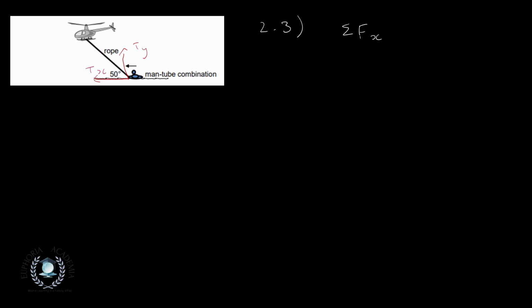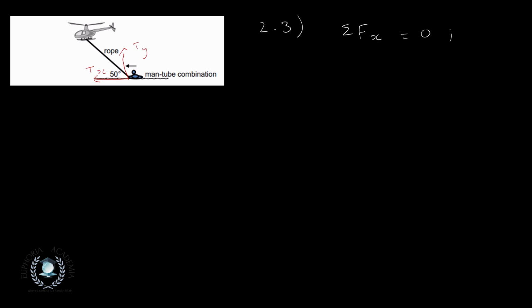Because there are many calculations associated with the y direction, and we only have tension in the x direction as well as friction in the x direction, it makes it easy to compute forces in the x direction. And we are told that the helicopter is moving at constant velocity, which means the man is also moving at constant velocity because the water is not flowing in this case.